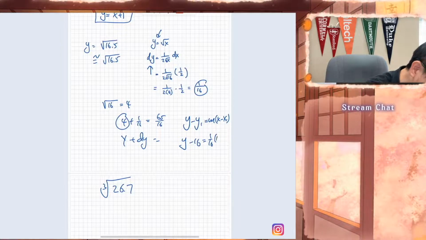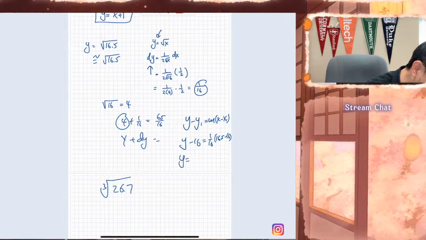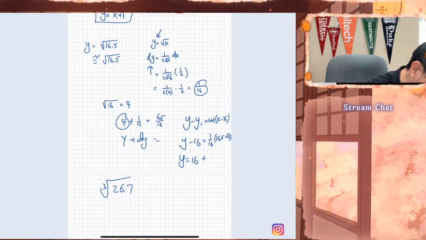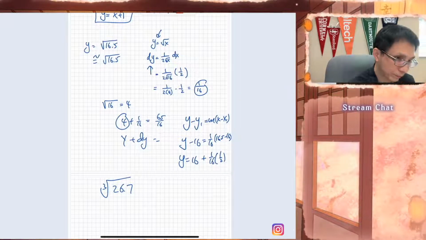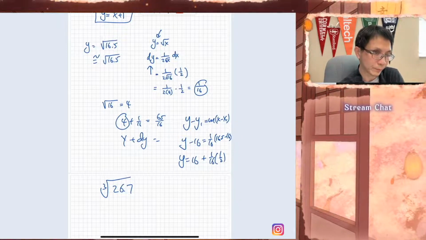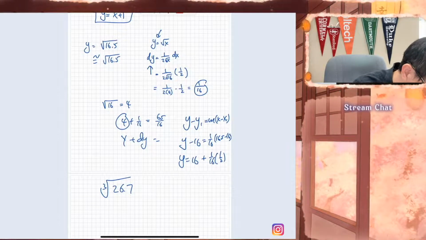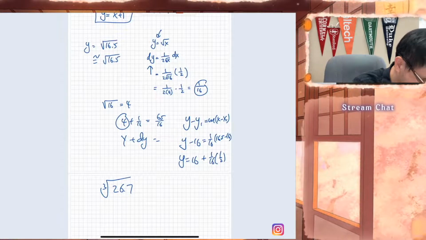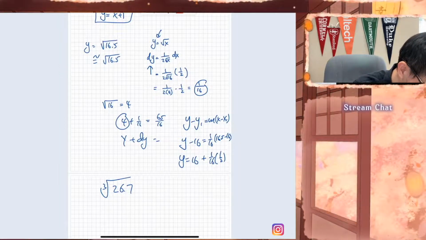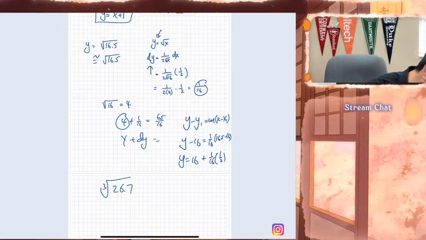So y equals 16 plus 1 over 16 times half. Wait, so 1 over 16 plus half? Oh no, sorry, it's 1 over 8 times half. This one's 1 over 8.